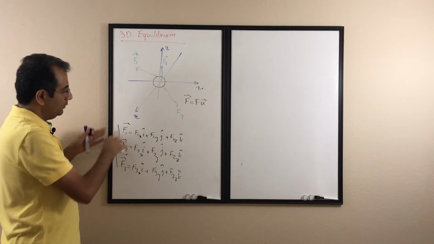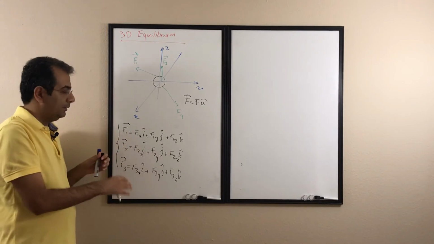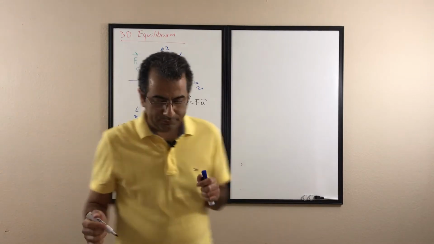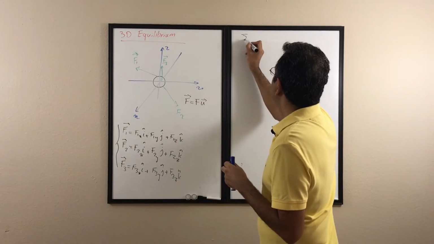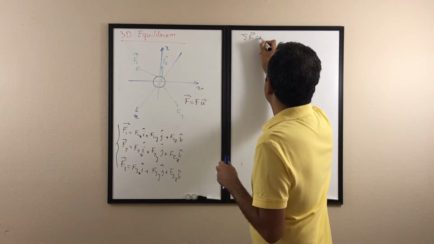After we have all the forces written in the Cartesian format, we write sigma F in the vector form equal to 0.